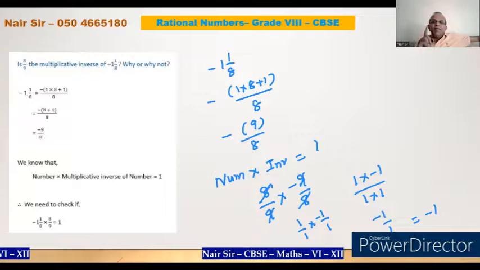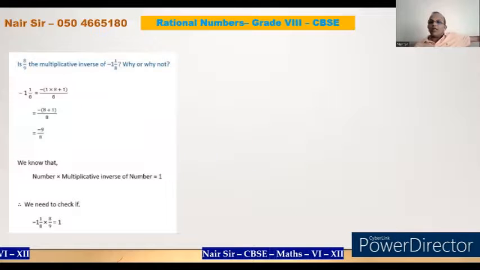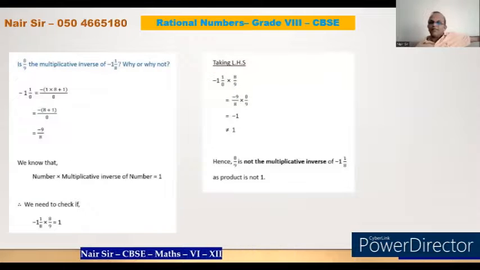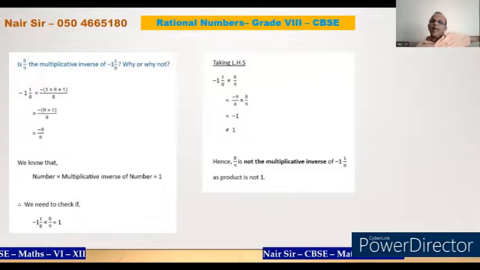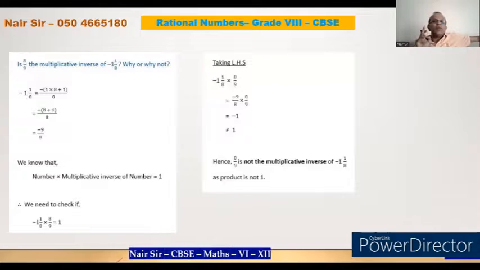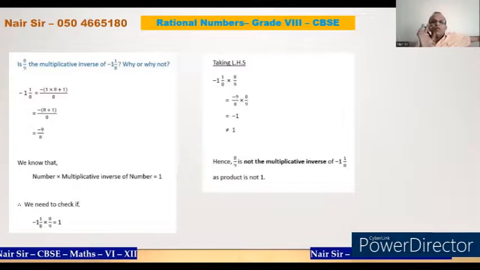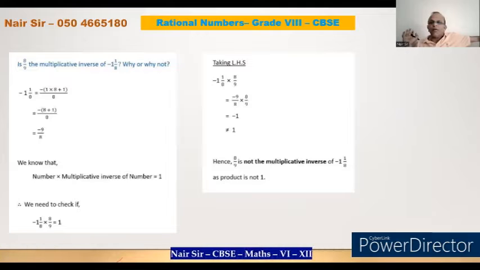Multiplicative identity is what? 1, not minus 1. Therefore, the product is not the multiplicative identity. So 8 upon 9, your answer has to be there. You are studying in grade 8. You cannot just leave it at not equal to 1.